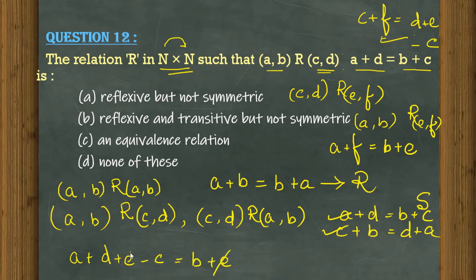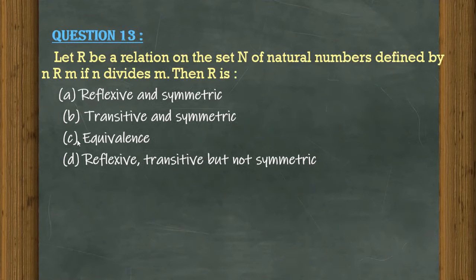So we can cancel e and bring c to this side, which implies that a plus d equals b plus c. So proved. This is our original point. So this is transitive also. So this relation is reflexive, symmetric and transitive, so it is an equivalence relation. Our option C is the right option.